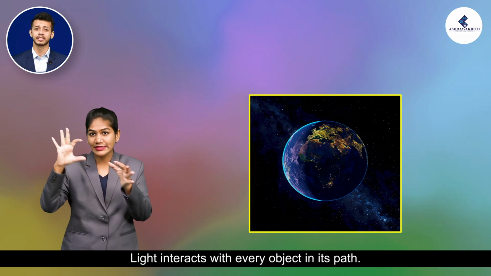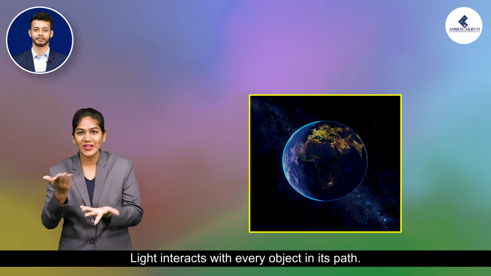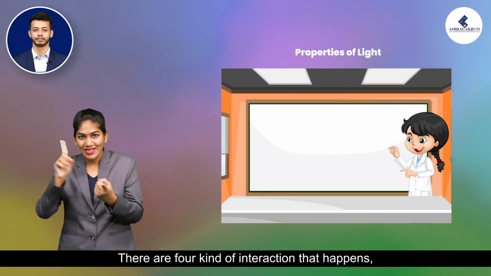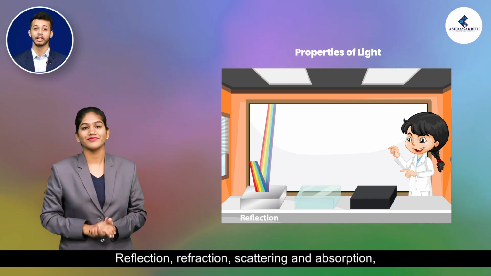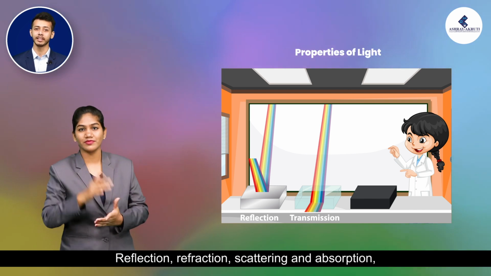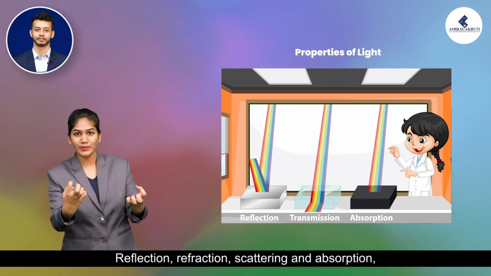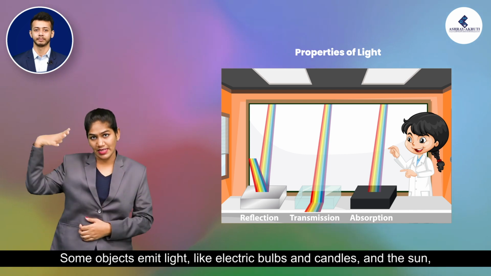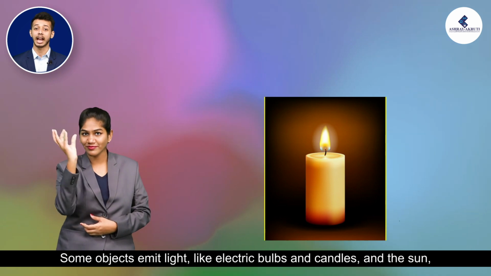Light interacts with every object in its path. There are 4 kinds of interaction that happen: reflection, refraction, scattering, and absorption. Some objects emit light, like electric bulbs and candles and the sun.